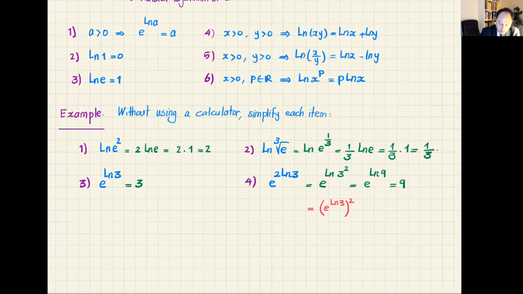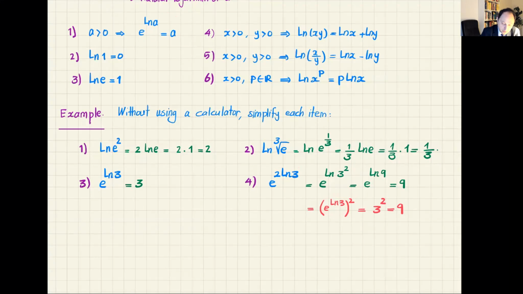Because if I have an exponent and I exponentiate it once more, I can multiply these two numbers, and I will get the same thing back. But now e to power ln of 3 is exactly this formula, so this gives me a 3. But now I have a 2 on top of that, so 3 to power 2 becomes 9.